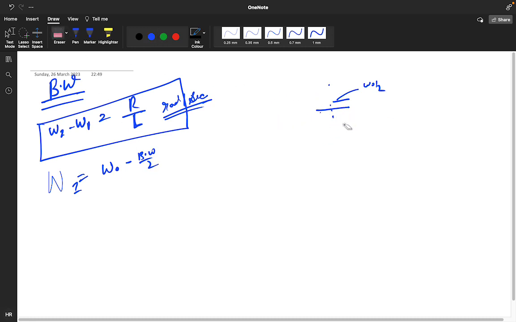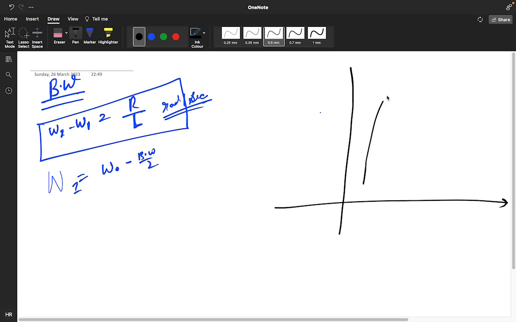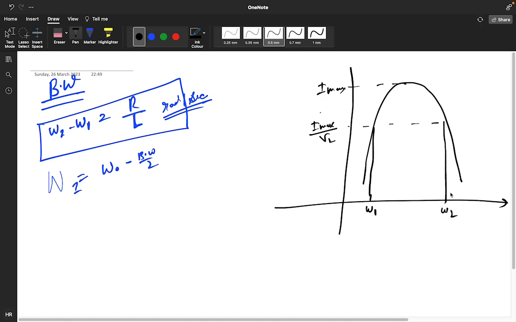See, I'm giving you a simple explanation. This is your curve. This particular is your I max. This is your I max by root 2. That means I am having an omega 1 value here and omega 2 value here.